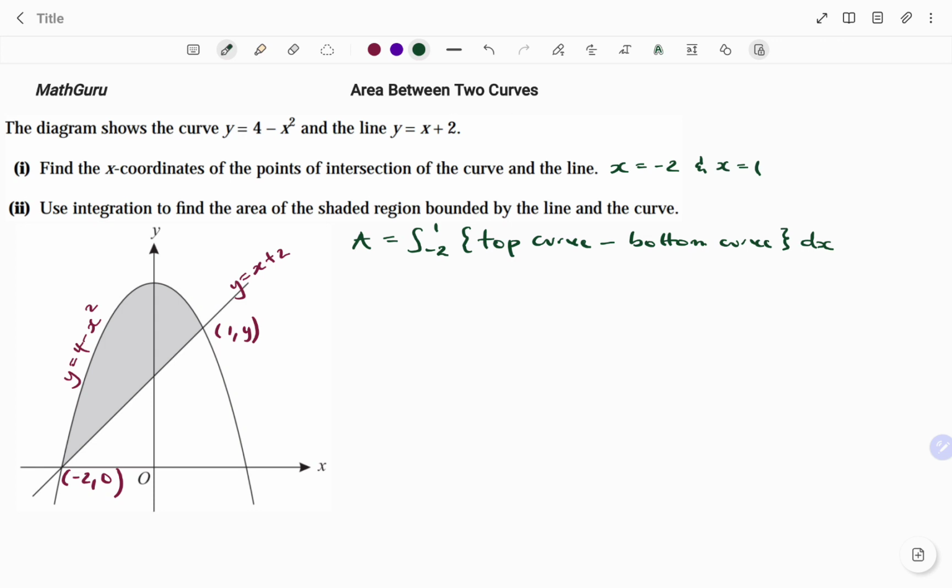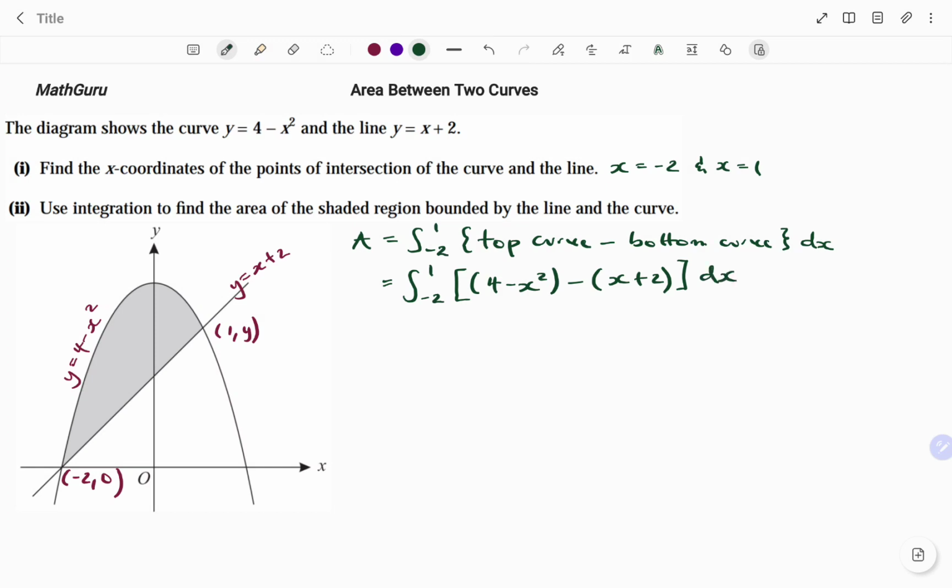So therefore, we have that as the integral from negative 2, that's a boundary, to 1, of the top, I'm going to put that in the bracket, that's 4 minus x squared, close bracket, minus the bottom curve. This is a straight line. I'm going to put that in the bracket. I have that as x plus 2, close bracket, with respect to x.